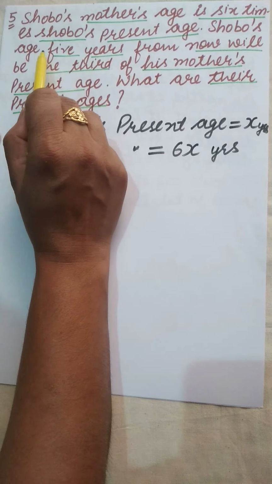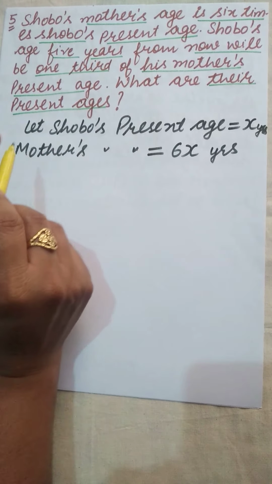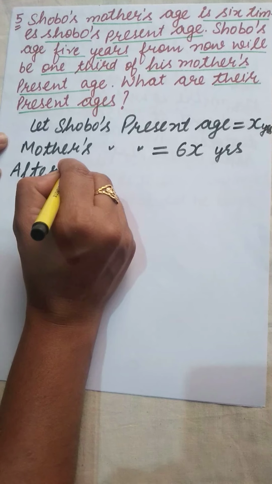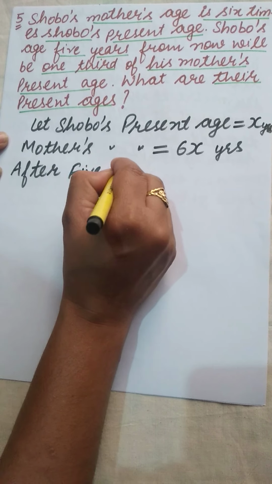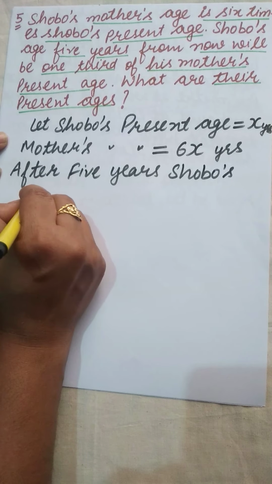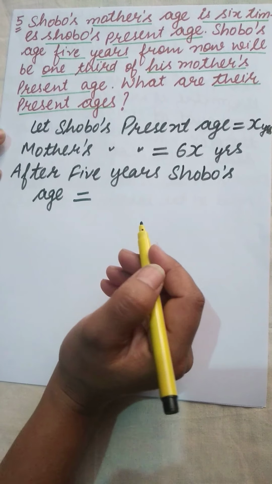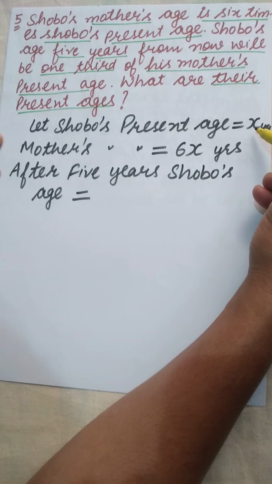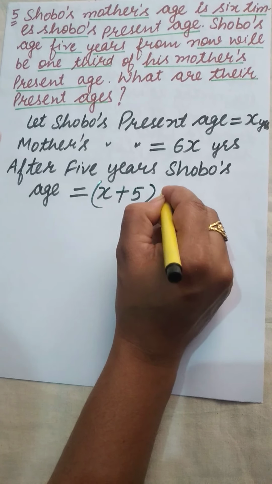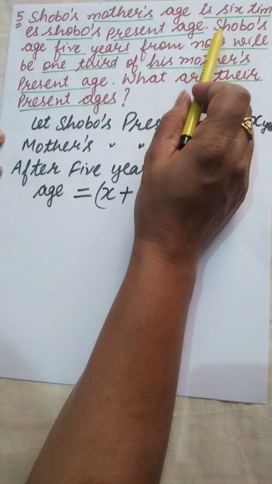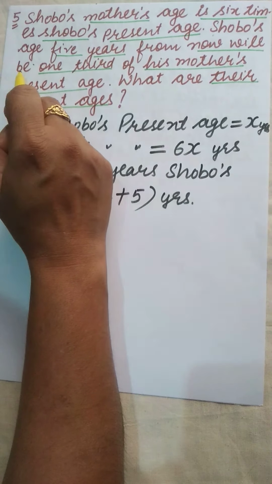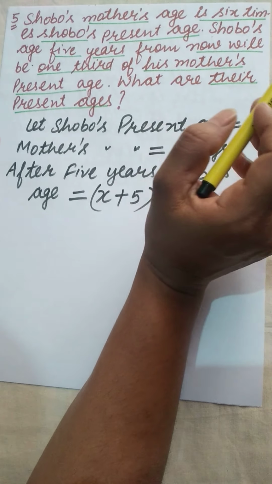Now after 5 years, what will be the age of Shobho? After 5 years, Shobho's age is equal to, his present age is x years, so after 5 years, his age will be x plus 5 years. Shobho's age 5 years from now will be 1/3 of his mother's present age.